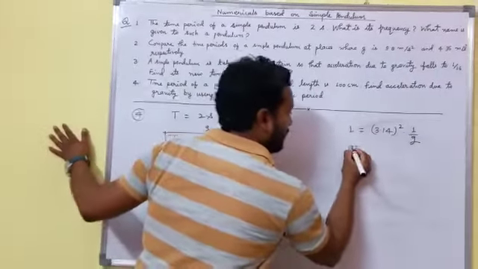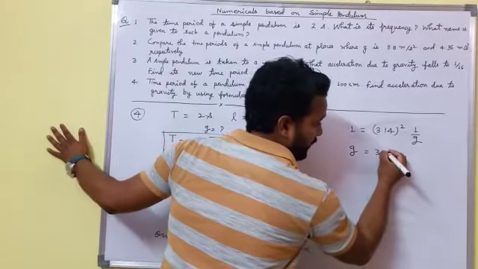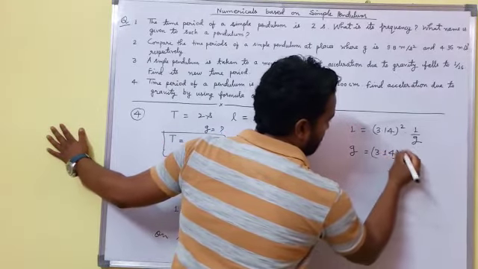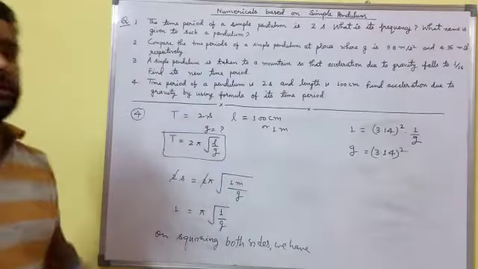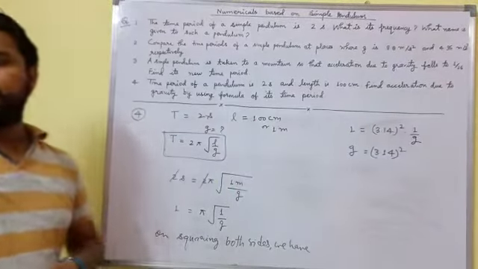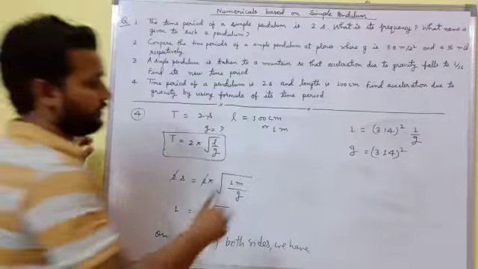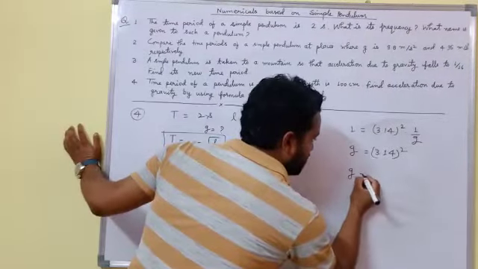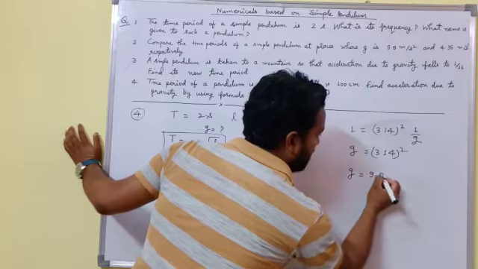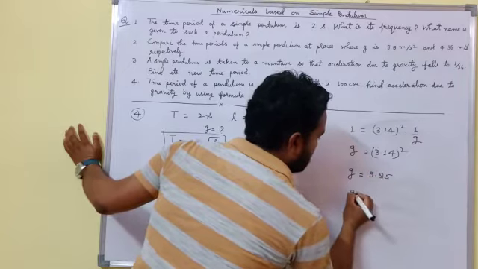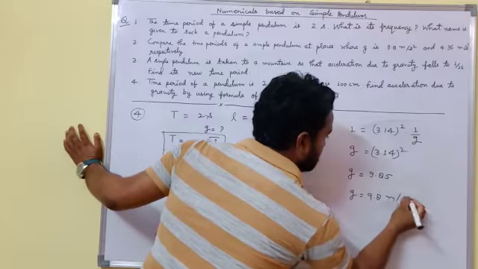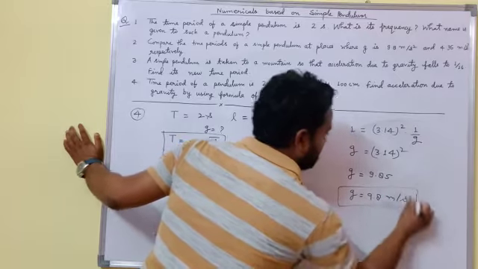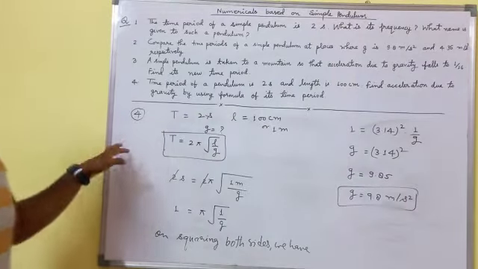Now after solving, we have g equals 3.14 squared. The square of 3.14 is near about 9.85. So g equals 9.85. You can write g equals 9.8 meter per second square. This is the value of acceleration due to gravity.